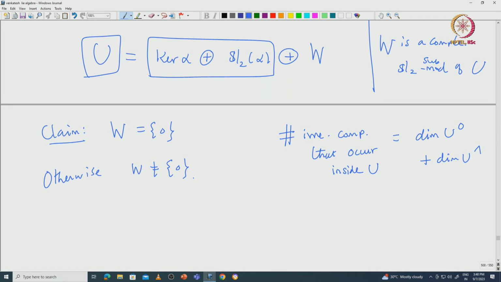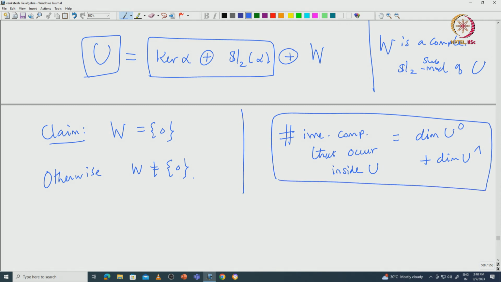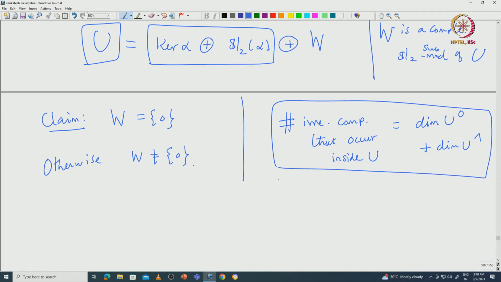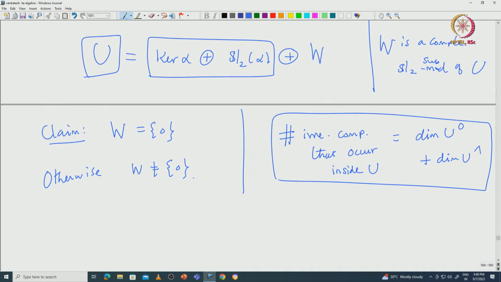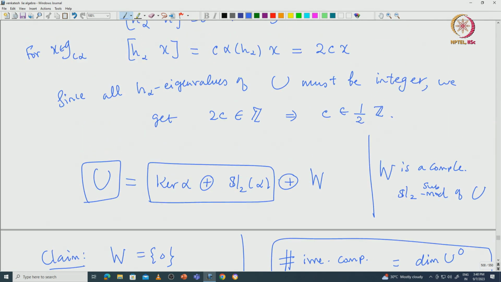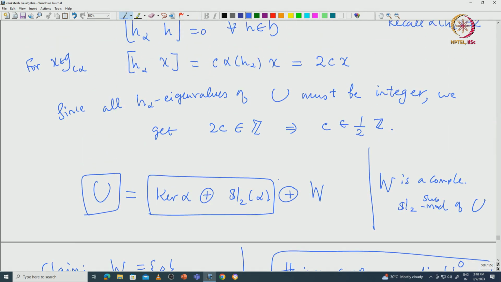So, this is exactly the number of irreducible components. Now if we go back and see what all the eigenvalues of H alpha are, we already see that the H alpha eigenvalues must be twice C. Let us put them together and see what really happens.